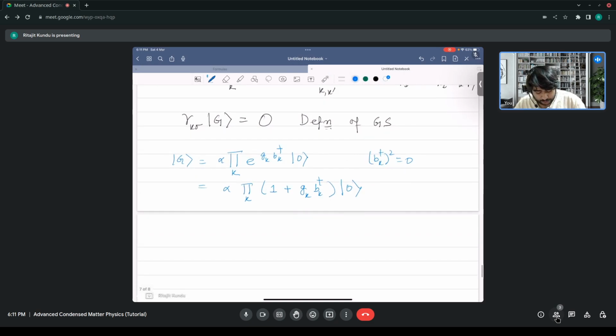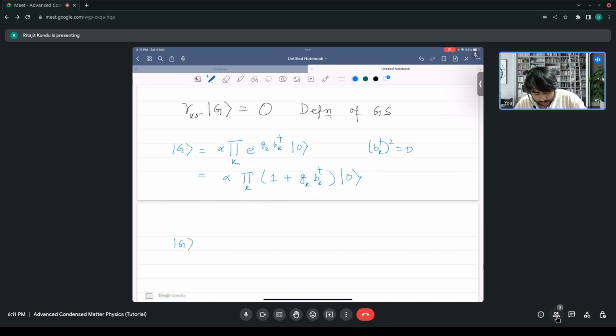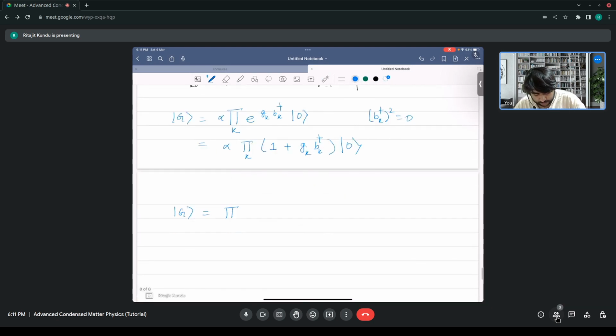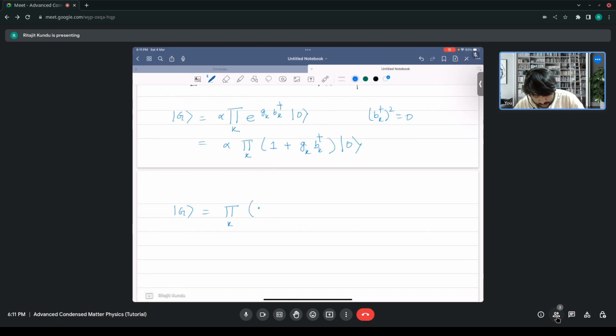If you normalize it properly, you will see that this G is actually given by, it is not normalized, right? So this is 1 and this is g_k, so this alpha is a normalizing constant. You can normalize it and you will see that this becomes something like cosine theta_k minus sine theta_k times e to the power i phi_k, times the pair creation operator, and the whole thing acts on vacuum.